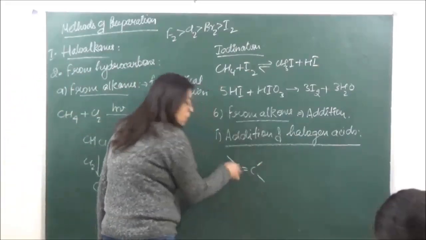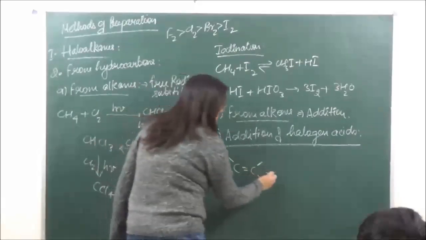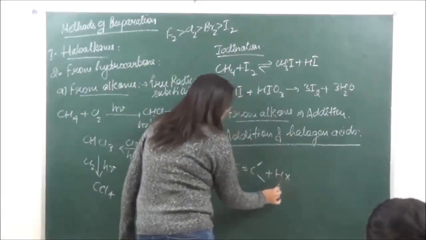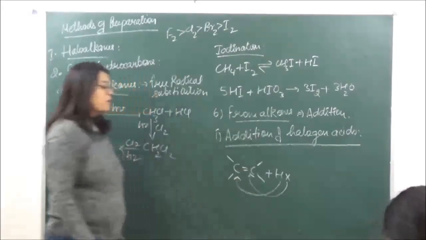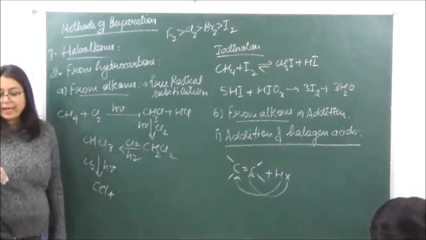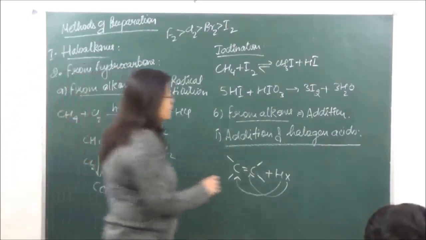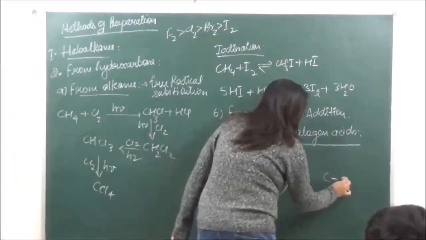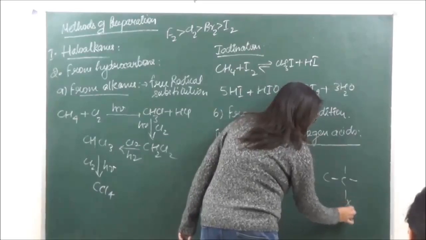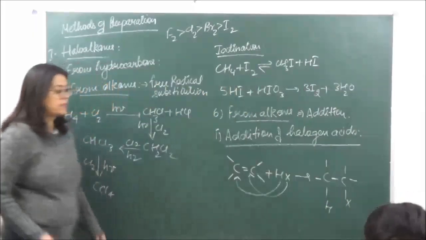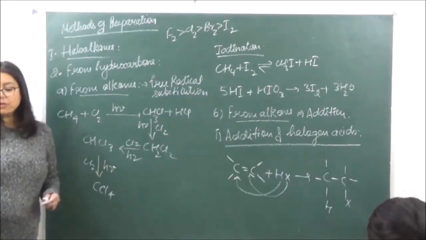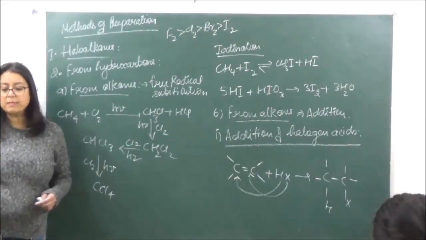If this is the double bond which we have in the alkene, plus HX, then H is going to add to one of the carbons and X is going to add to the other, such that we have over here a haloalkane, right? Now here you can see that the alkene is going to be symmetrical.